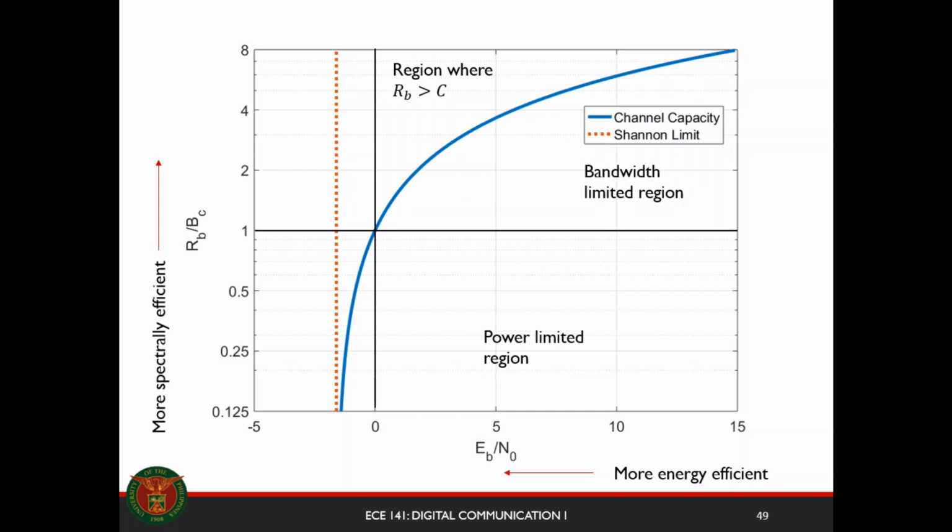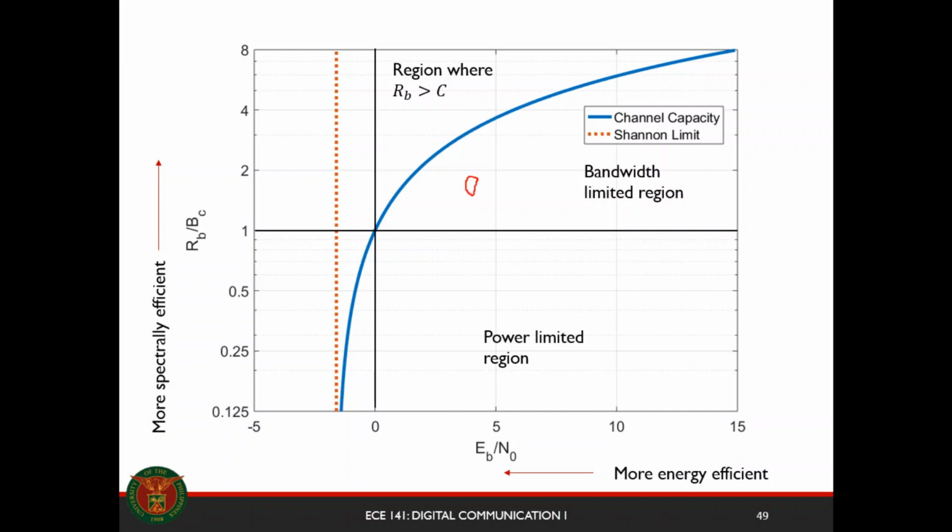Sorry, this should be swapped. This should be the power limited region because this is the region where you increase your spectral efficiency, and this should be the bandwidth limited region because this is the region where you increase your signal to noise ratio. So your different communication systems would be somewhere right here.